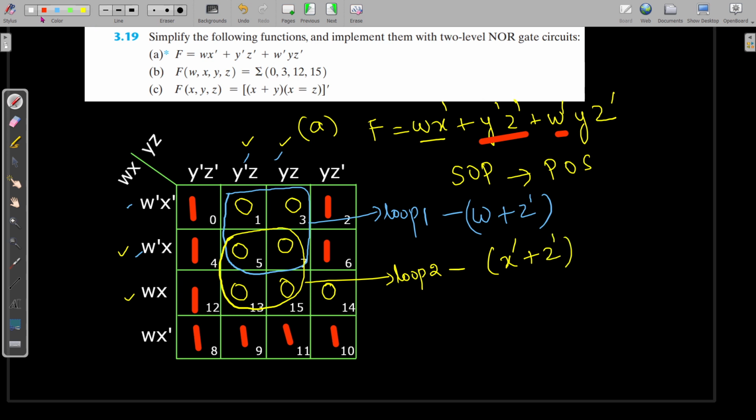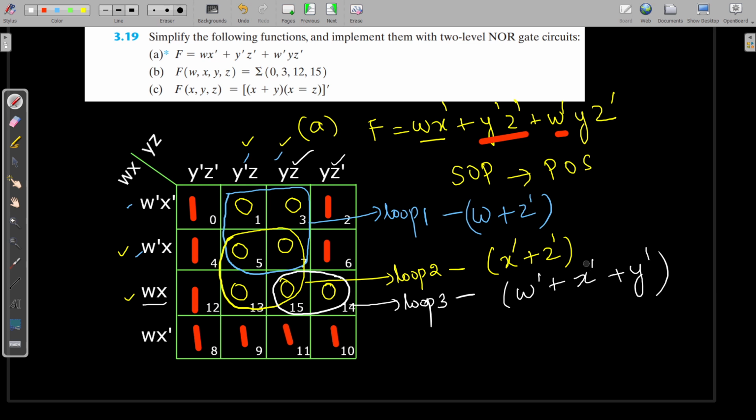Then for the last loop, the 14th and 15th cells can be combined, and this can be marked as loop 3. Corresponding to that we have w x here, and here we have y z and y z'. So w x can be written as w' plus x', plus here this y'.